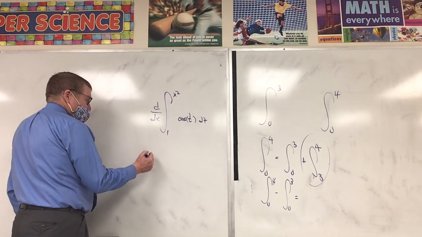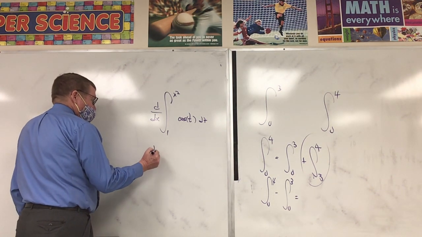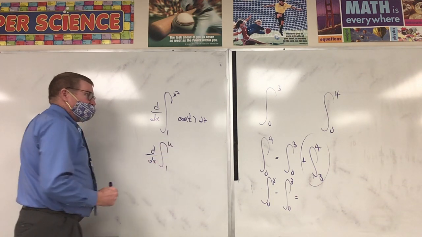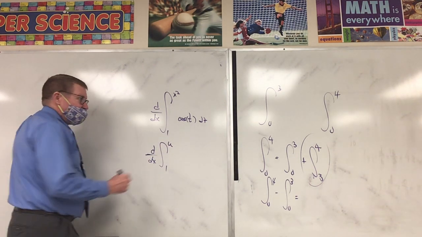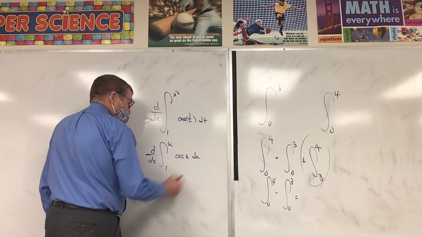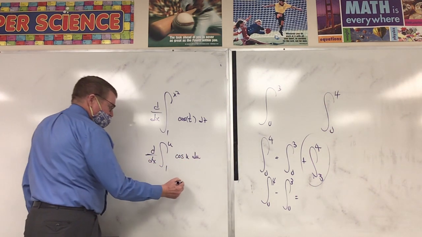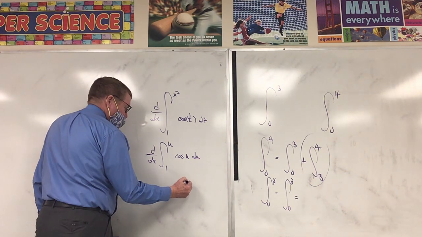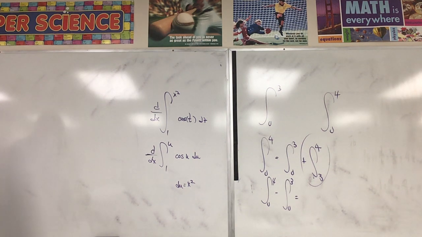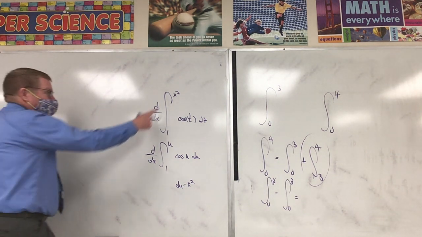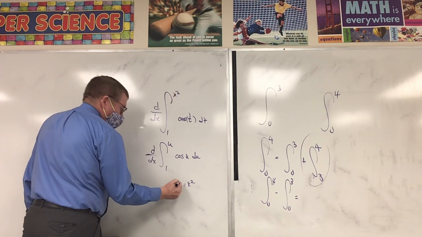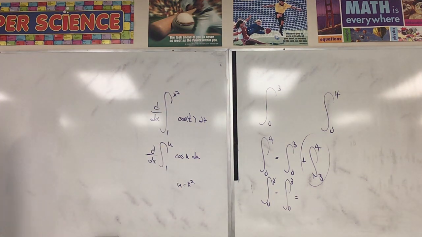I'm going to take d over dx of the integral from 1 to u of cosine u du. U equals x squared. Sorry, I substitute with a u, not du.